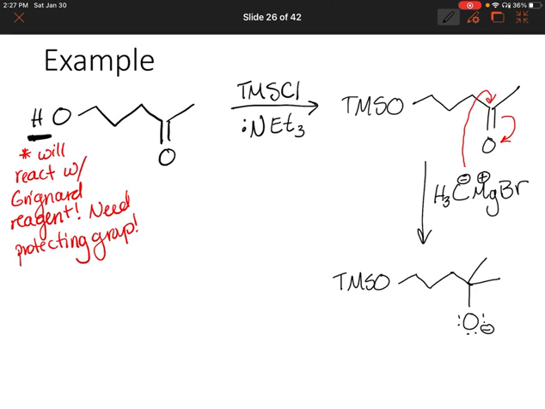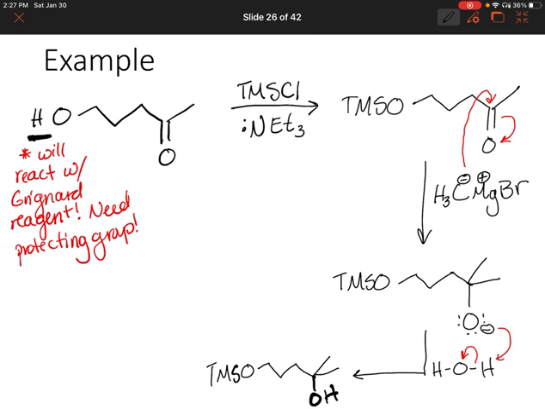And now that oxygen is negatively charged, so we're going to add a hydrogen. And we can just use something simple like water to protonate the oxygen. Okay, so now we have our alcohol group, which is what we were trying to achieve by using the Grignard reagent. But how do we remove that protecting group?